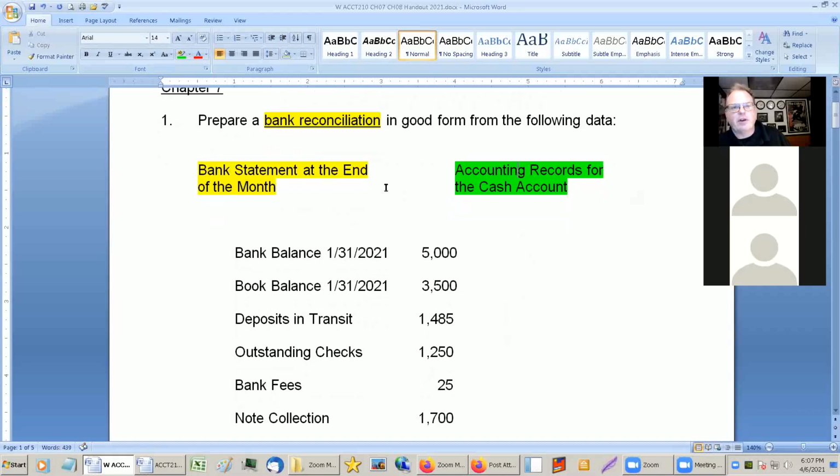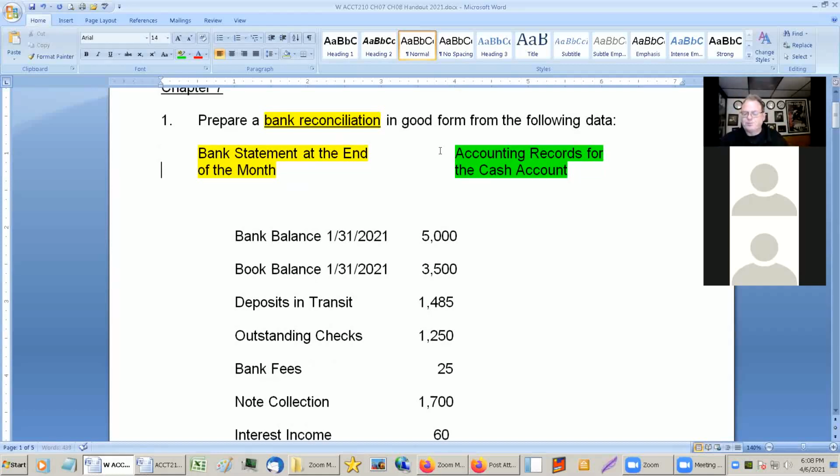Okay, so you also have your accounting records for the cash account. Now, what we want to do is find the corrected balance. In other words, what's the correct balance for our cash? I know it sounds like it should be easy, but it's not. So what's the correct balance? And so here's what happens.